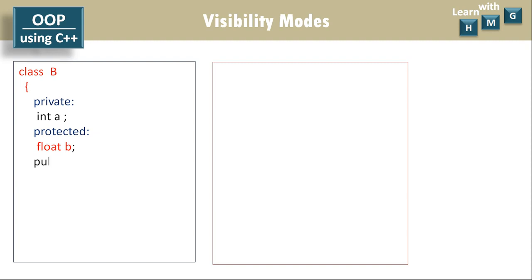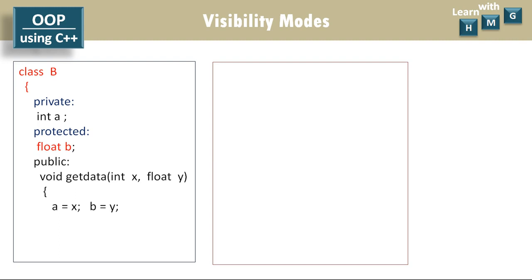In the public section, I am defining a get data function which accepts two arguments, one integer and the second float type, and these two arguments are assigned to data members A and B. So this is the end of the class. This is class B having A as a private member, B as a protected member and get data as a public member. There is one more class D, which is a derived class derived from class B.